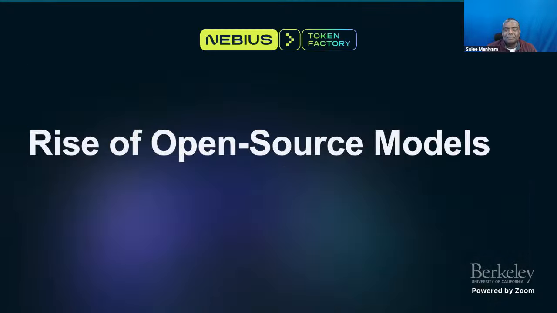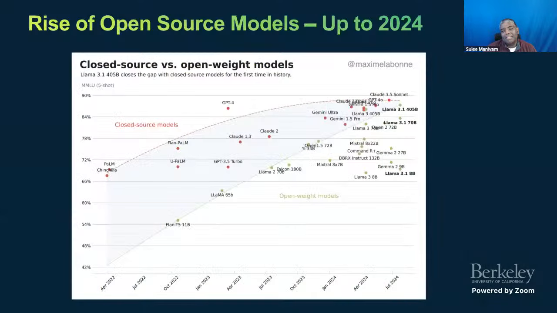And so let's talk a little bit about the open source models. If you look at this chart right here, look at the timeline. This is going from 2022 to 24, which is last year. And this shows the closed source and open source models side by side. You can see at the start the gap is pretty big.